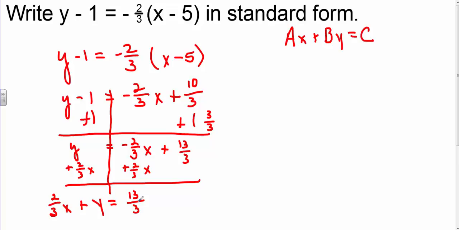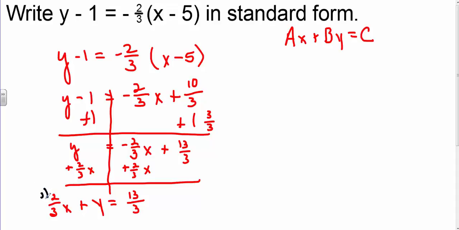And we've got ax plus by equals c, except you can't have a fraction in front of the x or the y as a coefficient. So what we have to do is multiply everything by 3 to get rid of the denominator here. So we multiply everything by 3.